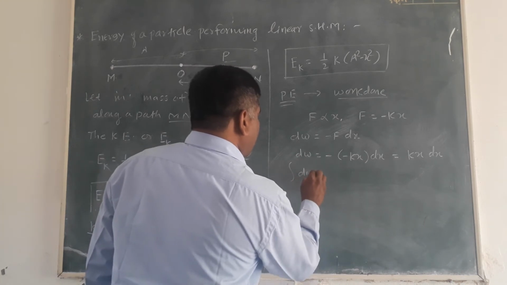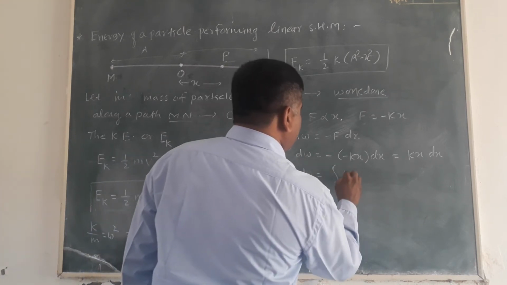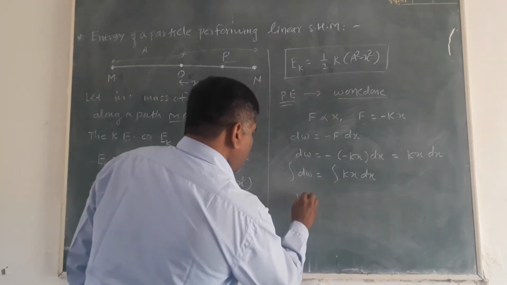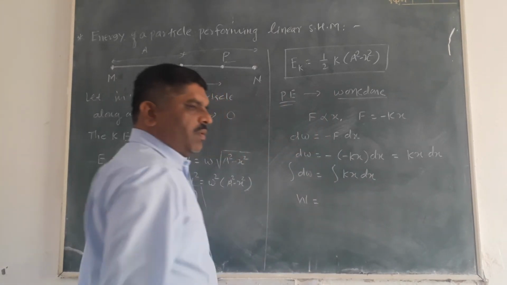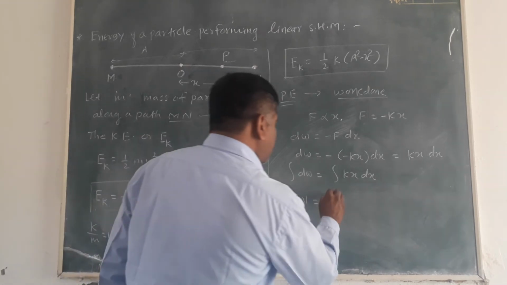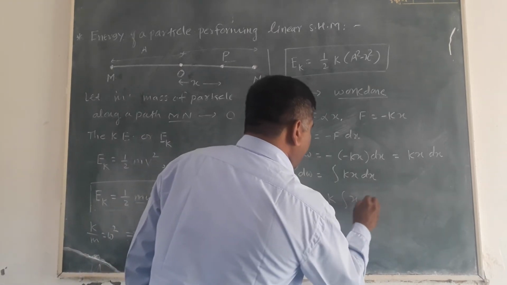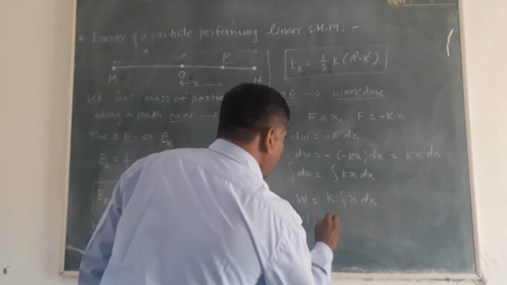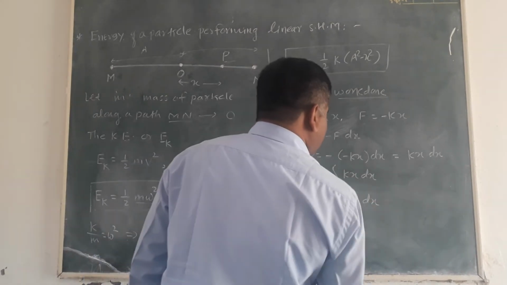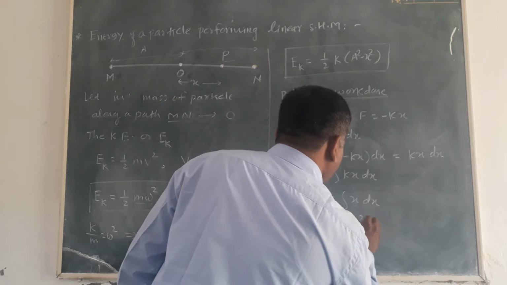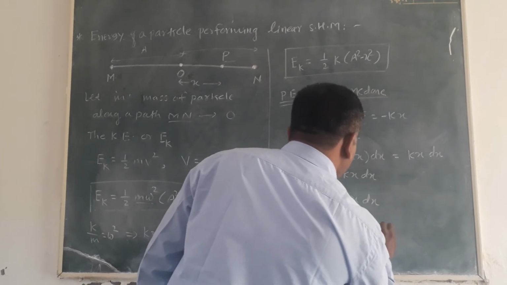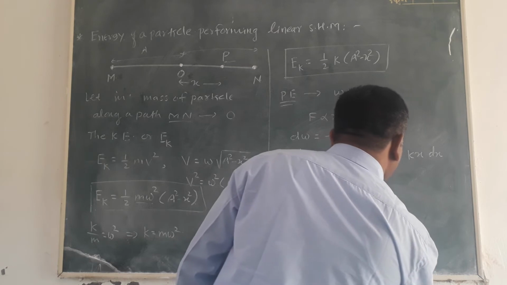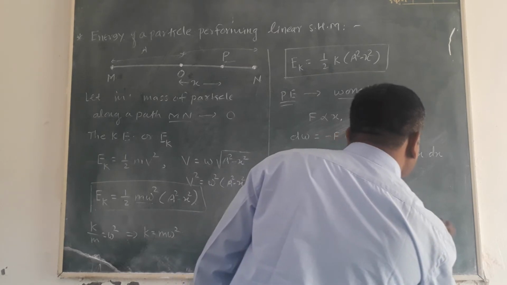Integration dW is equal to integration kx dx. Integration dW means total work done, k is constant, integration x dx is x square upon 2, so the work done is W equal to half kx square.